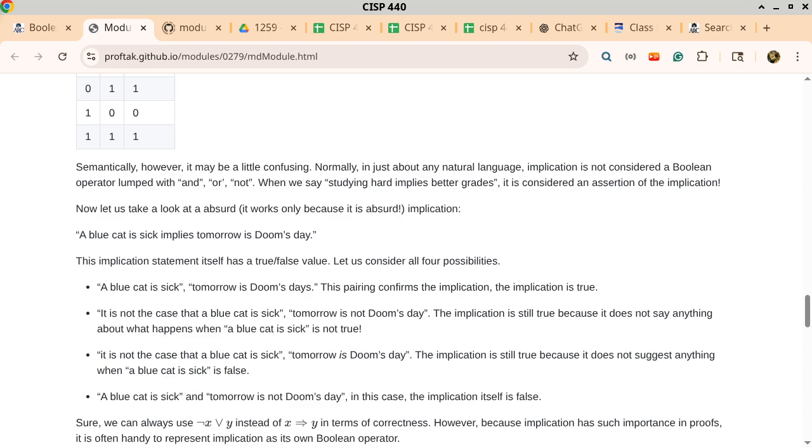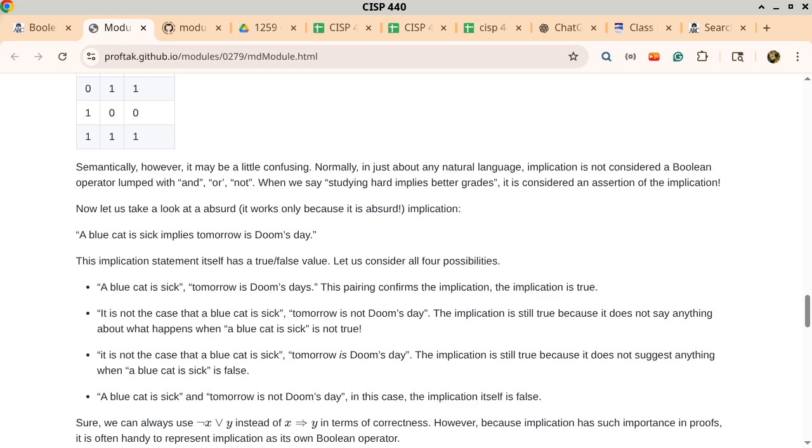All right. So if you're getting hung up because of the word implies, there's another way to look at this. When we say A implies B, we are also saying that A is a sufficient condition for B. Is that okay?